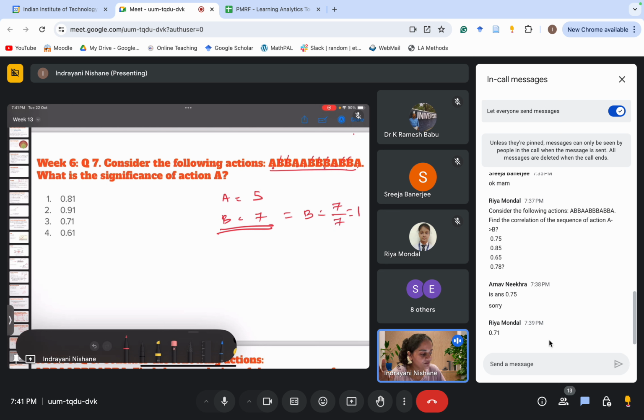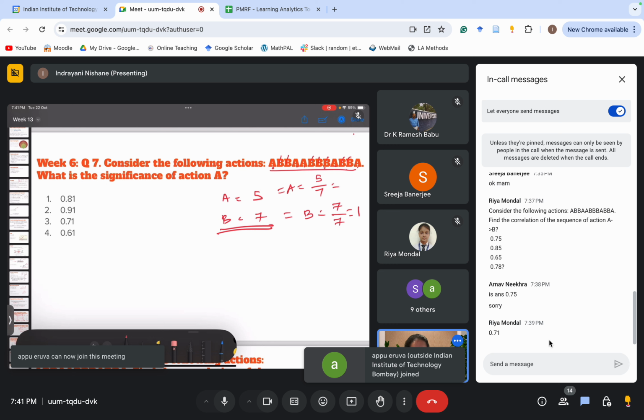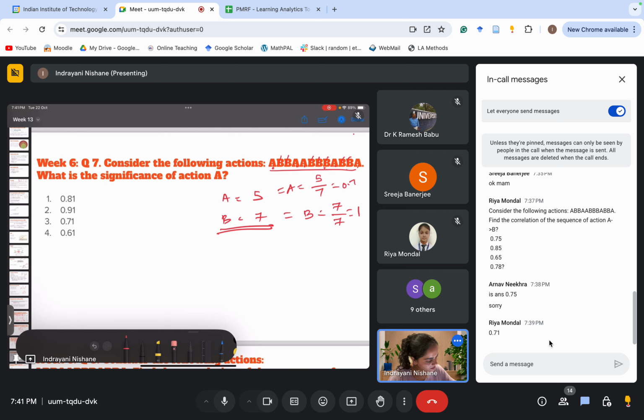So the significance of B is 1. Now A's significance would be 5 divided by 7, since the maximum count was 7 and A's count was 5. So 5 by 7 would be around 0.71. So A's significance is 0.71, and B's significance is 1.